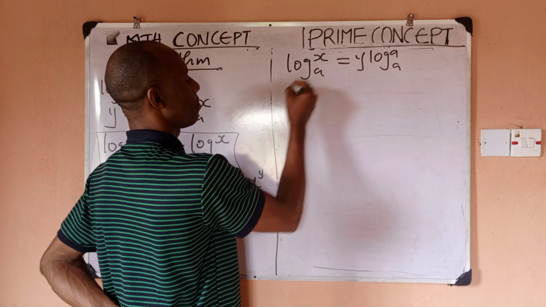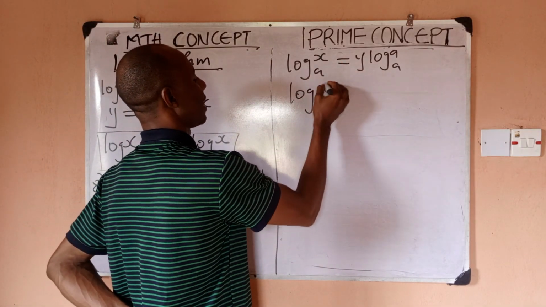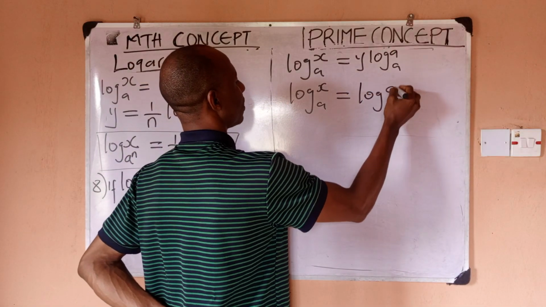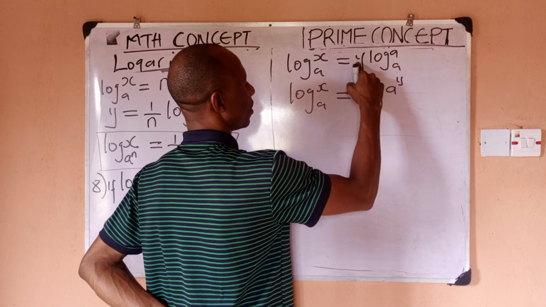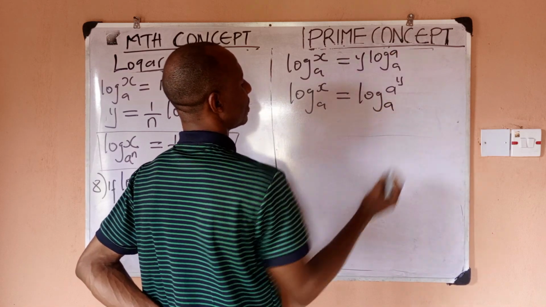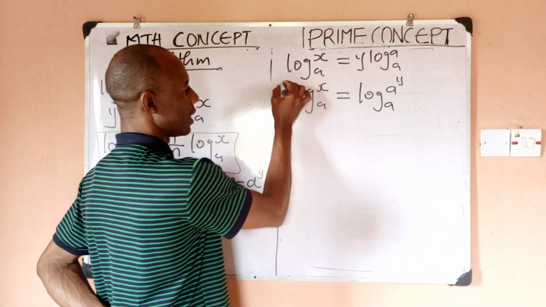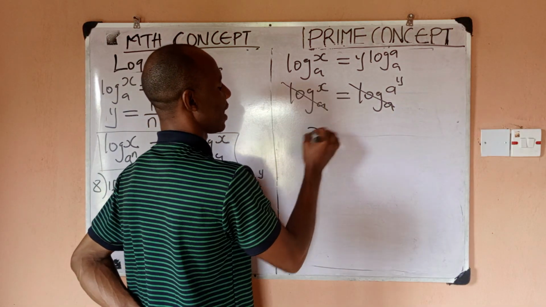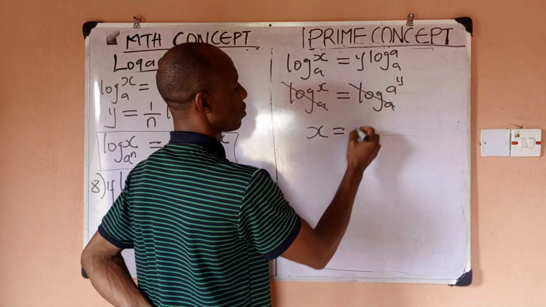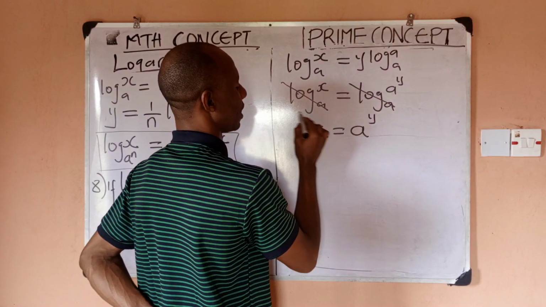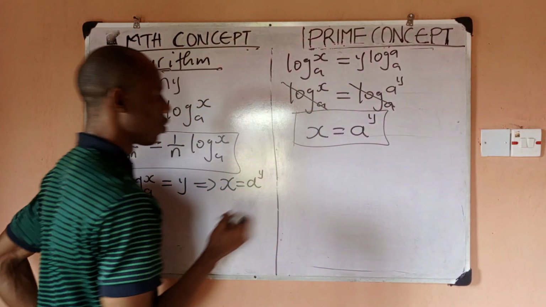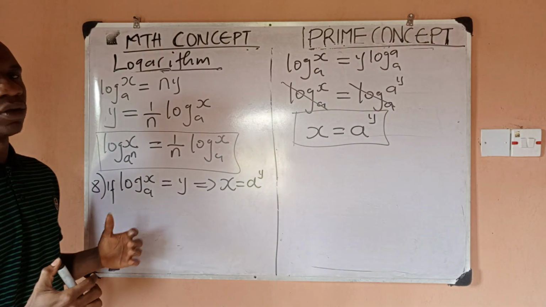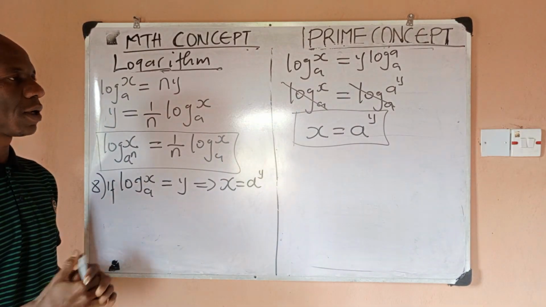So if I apply the power law, I would have log x base a equal to log a to power y, base a. So this would go, and I'll be left with x on this side, which is equal to a to power y. So this is what I'm trying to show, right? Yes. So this is a rule also, which is actually the definition for our logarithm.